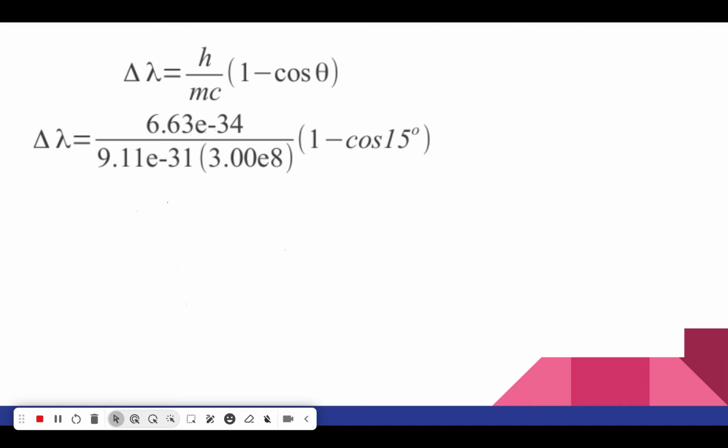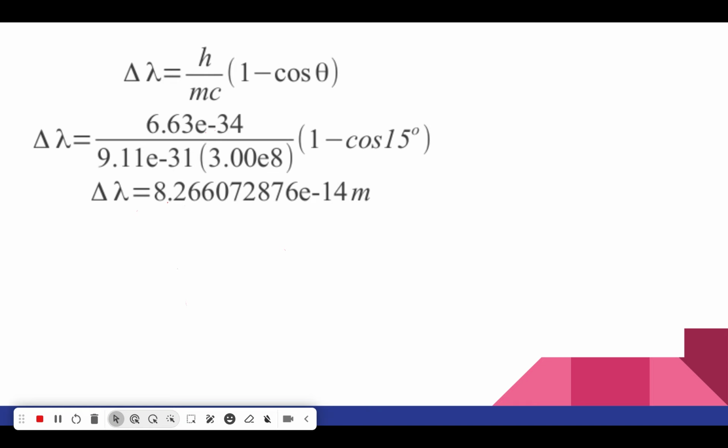It's really just a bunch of constants anyways. And then take that, multiply it by the, in brackets, 1 minus cos 15, and get your answer from there. If you double check yourself, you should find, and right here I'm not doing anything with sig digs on this slide, 8.266072876 times 10 to the negative 14 meters.